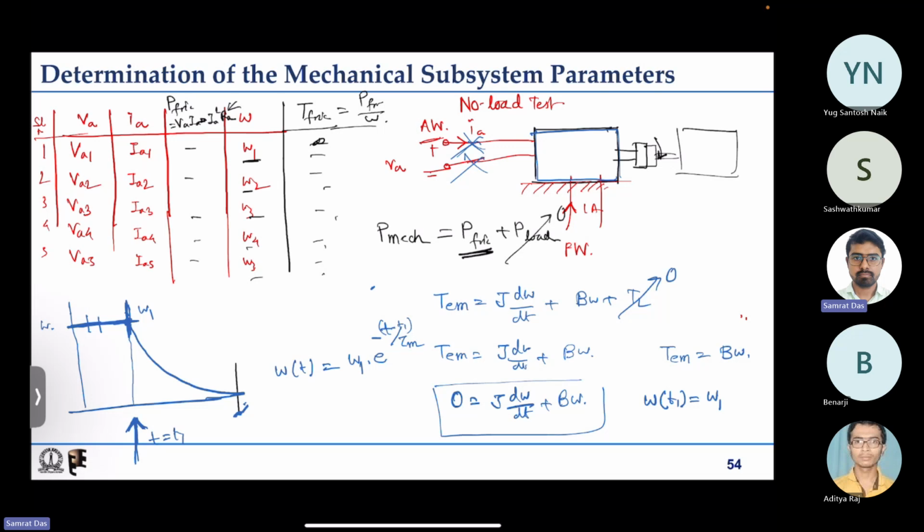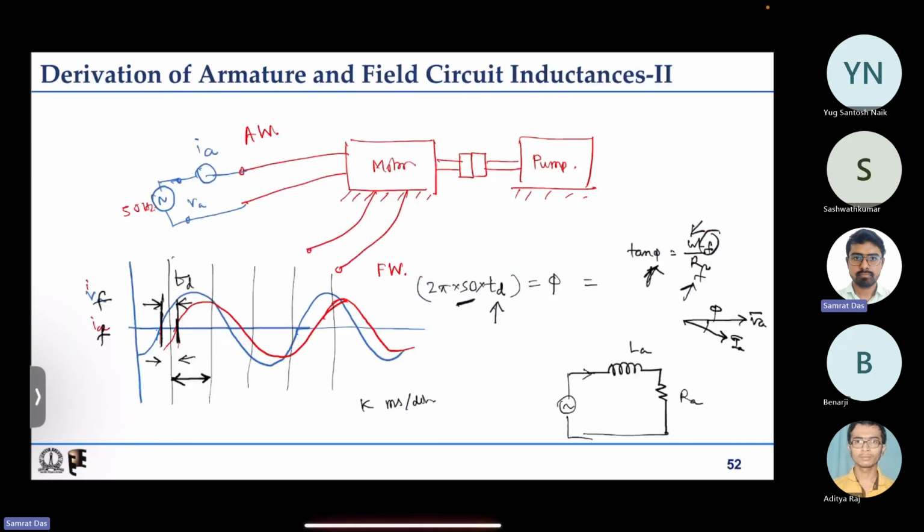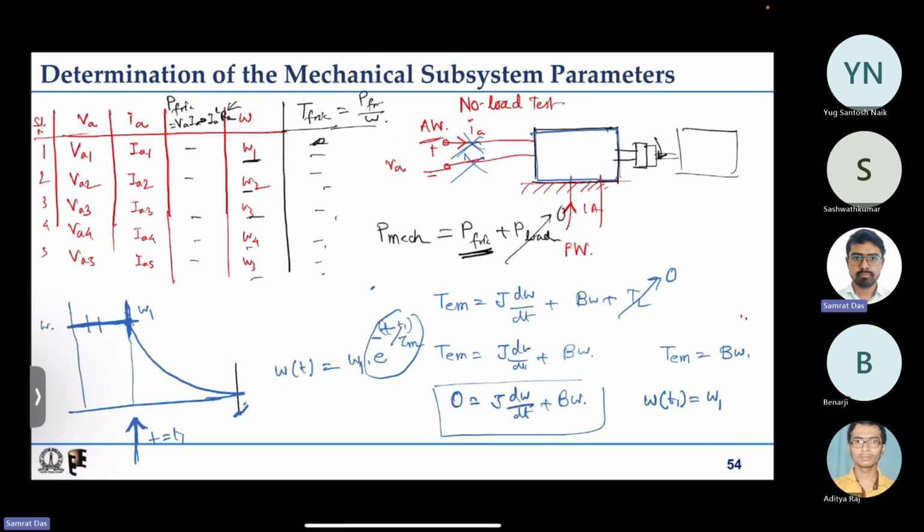That is only about time shifting and other things. You can solve this differential equation and get that, but the main important thing is this is an exponential fall, and it will be falling exponentially like this.